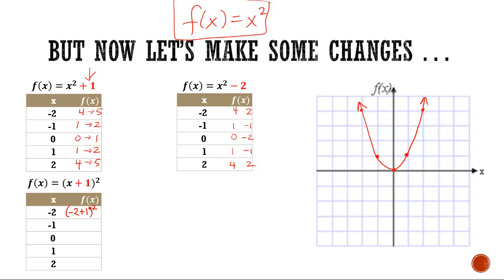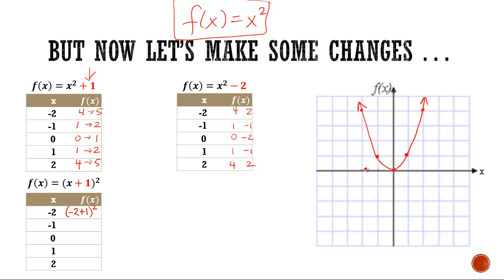So what's that going to do? Well, that's actually changing the input. Rather than being a -2, the input is now the same as if it were a -1. So rather than the input being here at -2, it's as if it's here at -1.